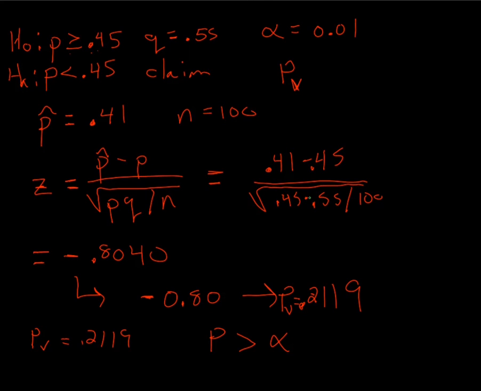This is on page 356 of the book. If p is greater than alpha, you fail to reject. And so our failure to reject means we cannot switch to the alternative claim. And so there is not enough evidence to support the claim.